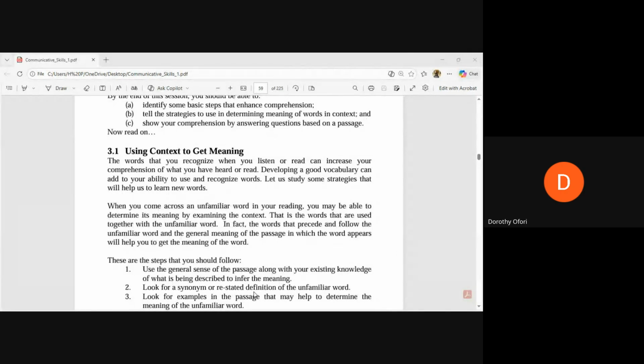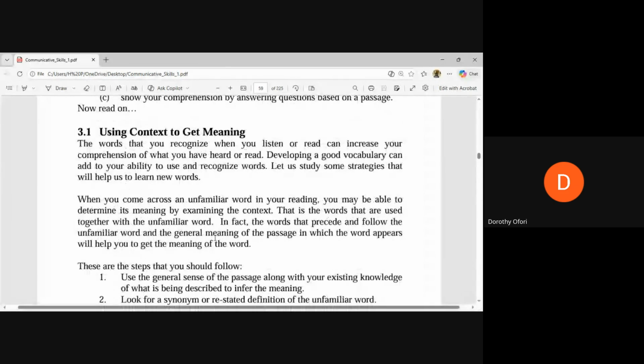What are the words that were said before? So this is what we know when we talk about using context. For you to get the meaning of words, you have to look at the surrounding words. Is that okay? Yes, madam.